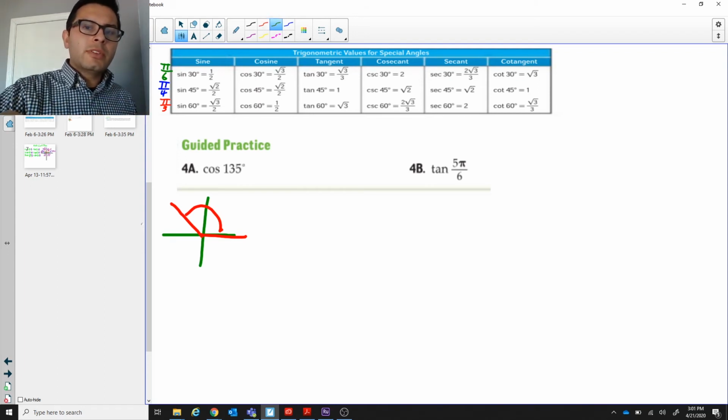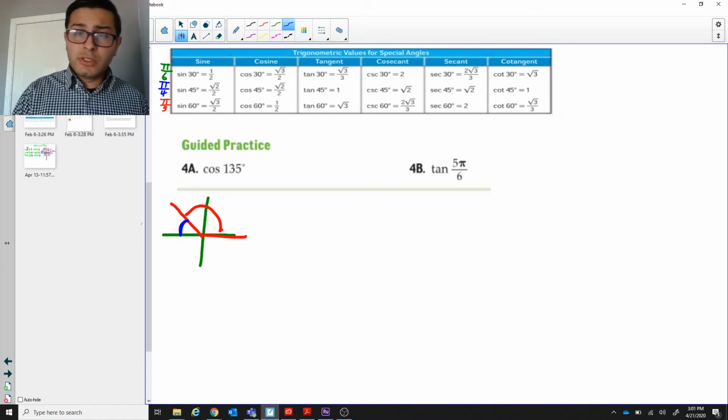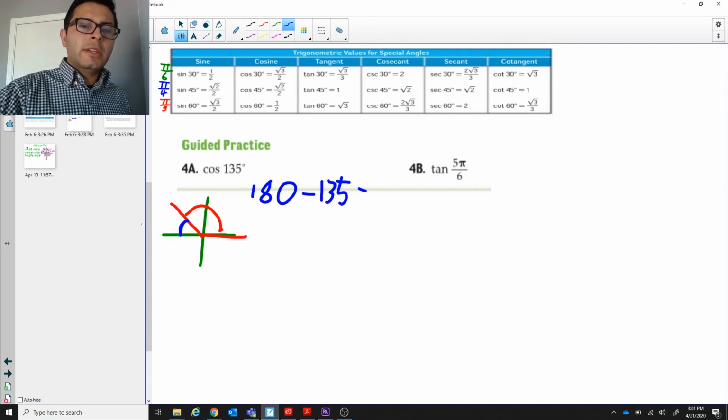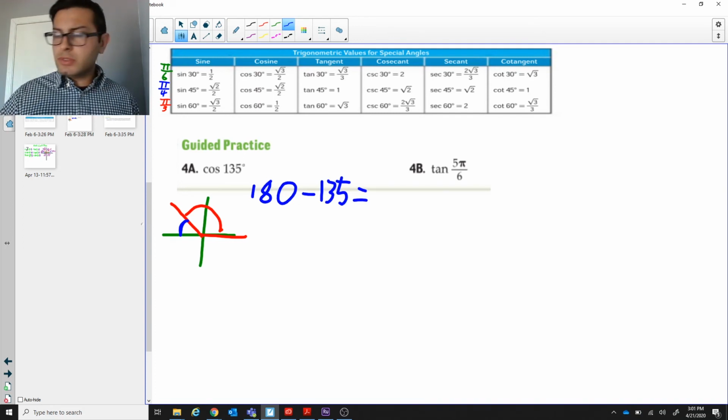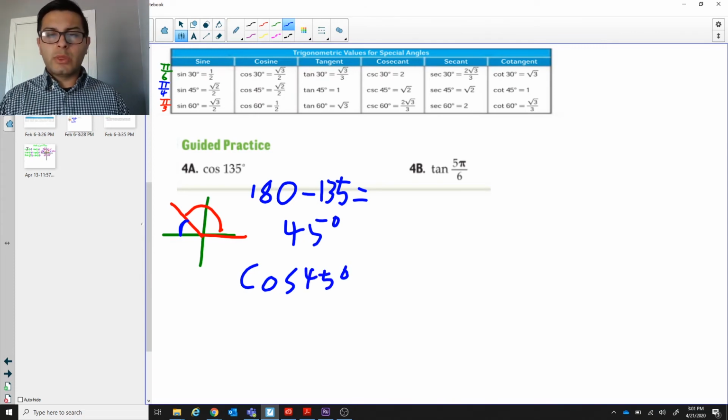What is my reference angle going to be? My reference angle is going to be this one right over here. So how do we find a reference angle? I know that it's going to be 180 degrees minus our original angle. So let's do that. 180 minus 135 equals 45 degrees. So we want to find what is our cosine of 45 degrees, and that will help us find our cosine of 135.